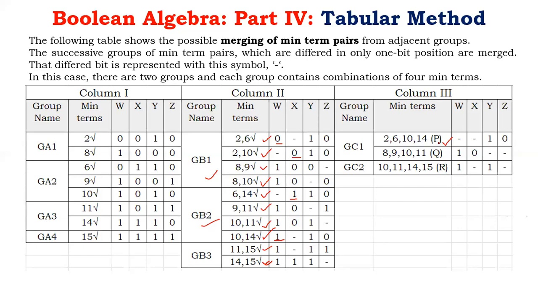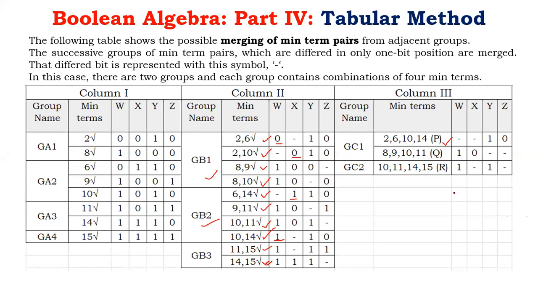So we can write the prime implicants as P, Q and R. From here, P is denoted by Y Z bar. Q is denoted as W X bar. This is 1, this is 0. This is the swap expression.